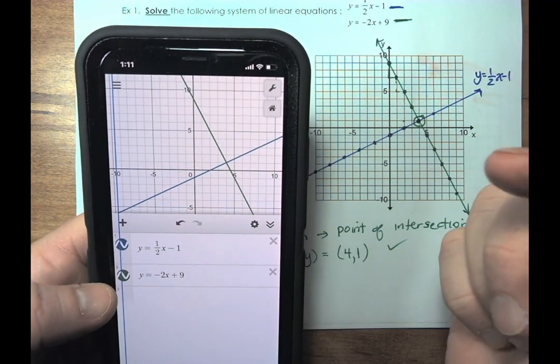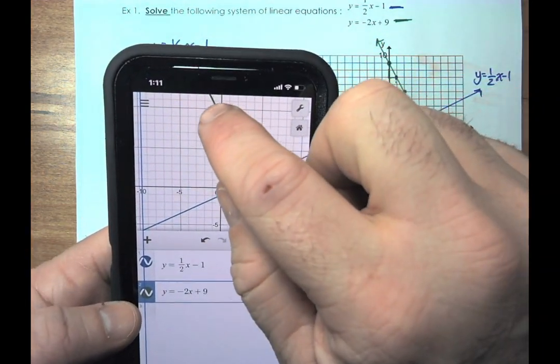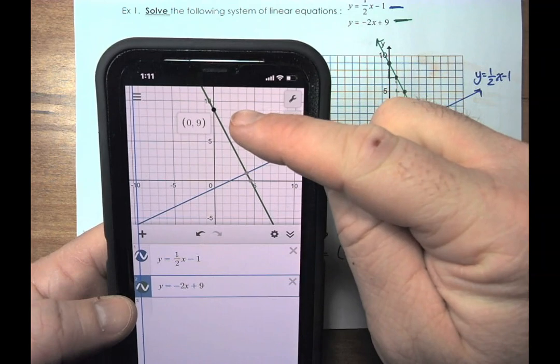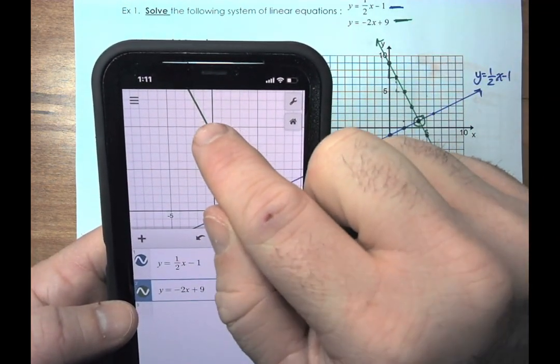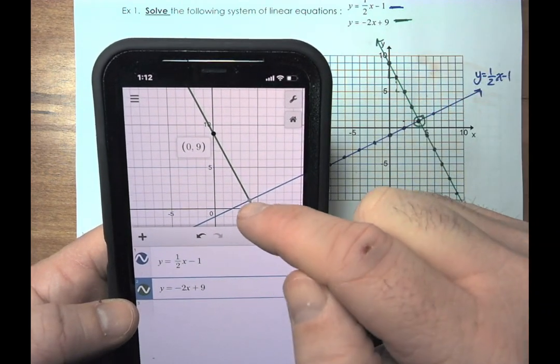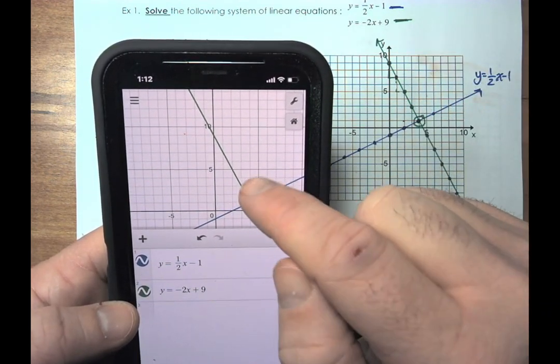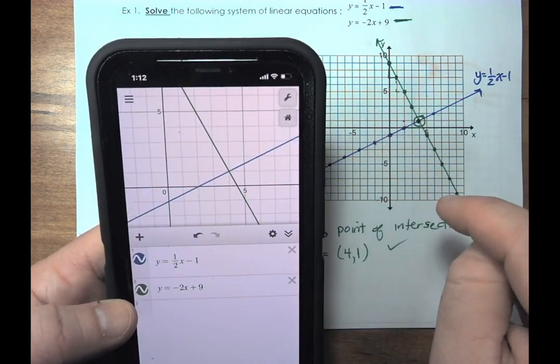The nice thing about Desmos is if I click on a point, there's my y-intercept of my green line. Let's get that back up there. It tells us specific information, and you can use your fingers to zoom in. That's where that point is.